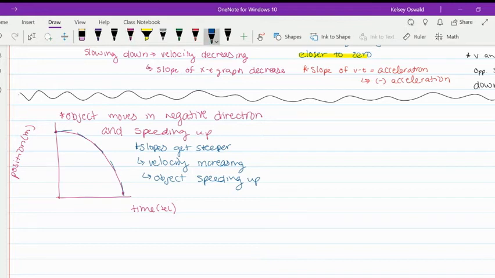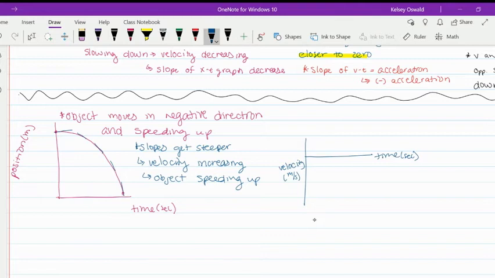When we want to create our velocity time graph from this, this one is going to look a little different. Let me draw this. Since our object is moving in the negative direction, all of our slopes on our position time graph were negative.